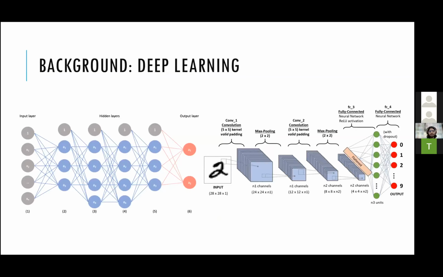Now we'll quickly just go through what deep learning is and basically how it's transitioned. I'm sure everyone must have heard about deep learning, but just a quick refresher. Before the deep learning era, you had some inputs, you had some fully connected networks, and you had some outputs. This was the neural network paradigm for quite some time.